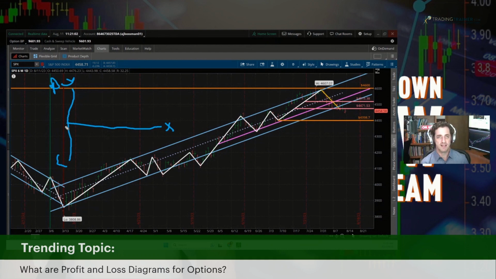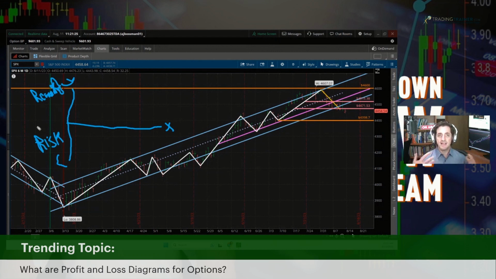If it's below zero, that's considered a loss, or another word for loss is risk. If it's above zero, that's considered a profit, and another word for profit is reward. So a lot of times people use risk reward graph, and it's the same exact thing as a profit and loss diagram.